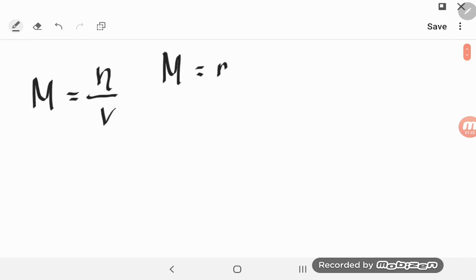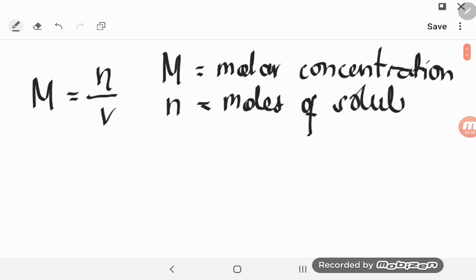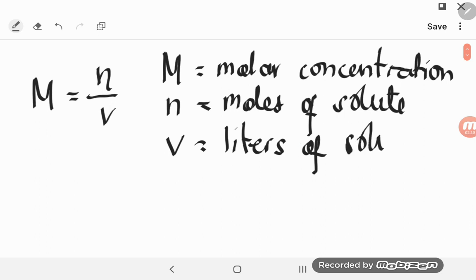M is equal to the molar concentration, while n is equivalent to the moles of solute, while V is the liters of solution. So take note that it is always expressed in liters of solution. You may want to copy that in your notebook so that later you'll be able to recall the formula for molarity. Now let's go to the sample problem.